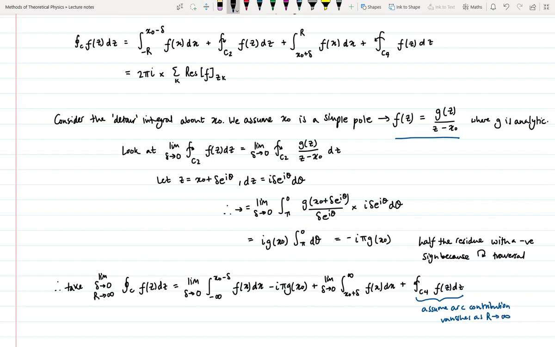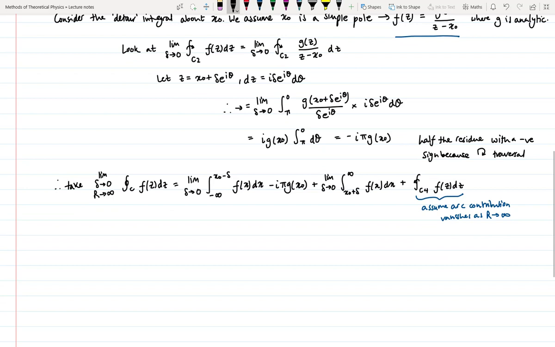Now in this expression we have two terms that still contain a limit as delta tends to 0. And these terms define something called Cauchy's principal value integral that I'm going to write down below. I'm now going to define something called Cauchy's principal value integral. I'll explain what it is in a moment, but first of all I'll write it down. It's denoted by a capital P, the integral from minus infinity to infinity of f of x dx.